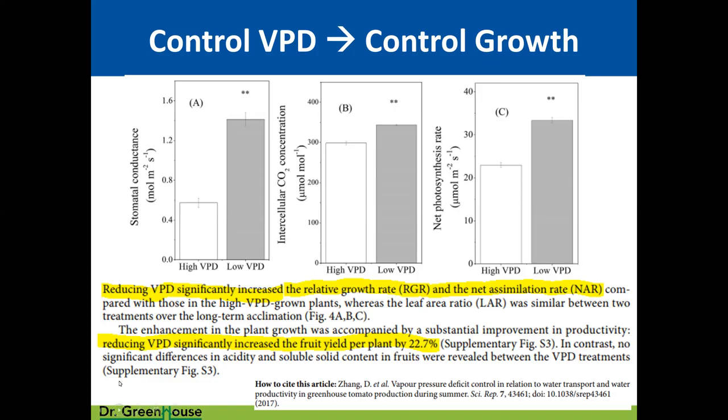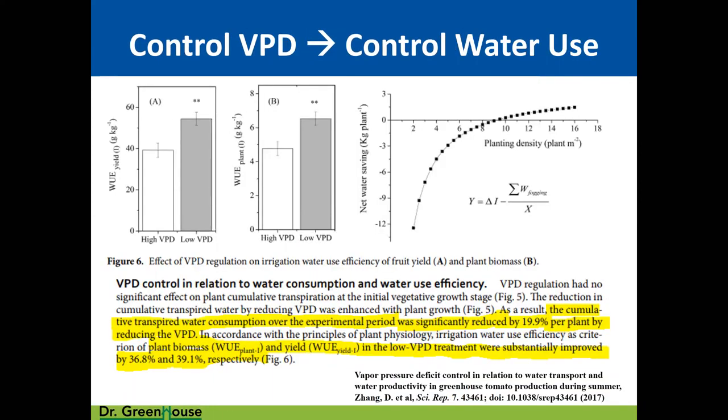And look, reducing the vapor pressure deficit significantly increased the fruit yield by almost between 20 and 25%. So again, those of you who are looking for higher and higher VPDs, more dry conditions, might actually be causing less growth from your plant. Also, by controlling VPD, we can control water use.